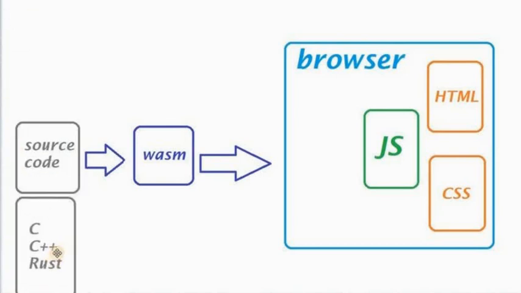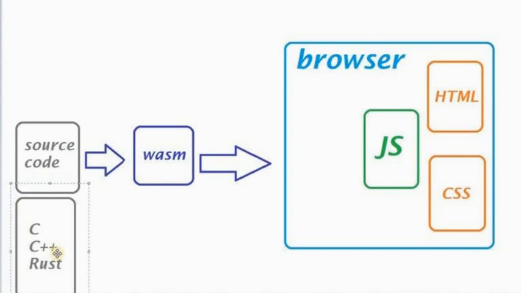Currently C, C++ and Rust can be compiled into WASM. Also there is AssemblyScript, which is like a subset of TypeScript, which can also be compiled into WASM using binaries of C. That is something new that I've been exploring, and I will talk about it if possible in the next video.